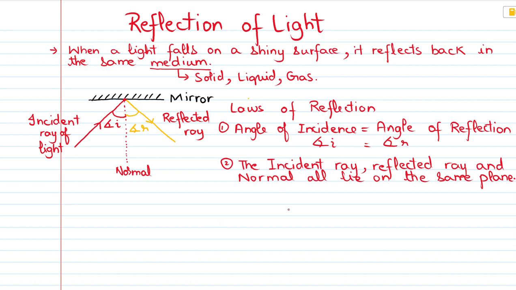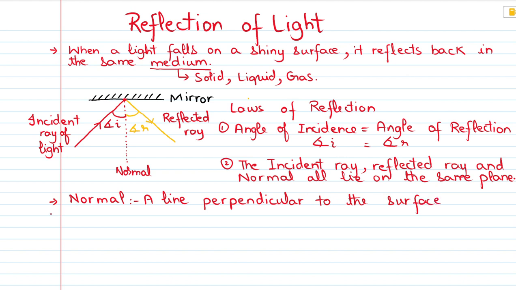Now let's talk about the definition of normal. So normal, it is a line that is perpendicular to the surface.